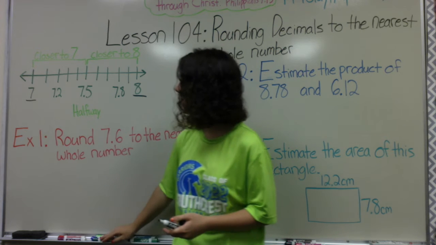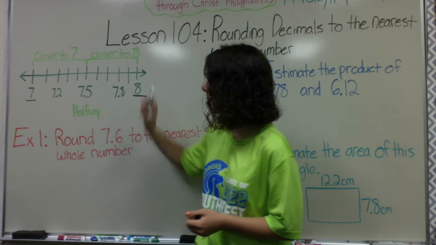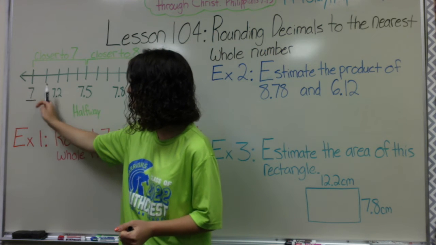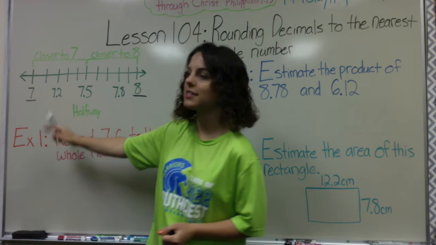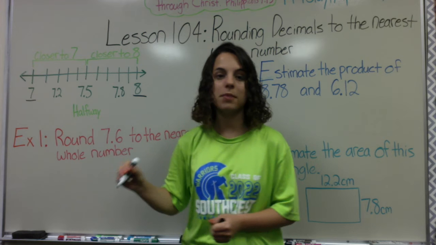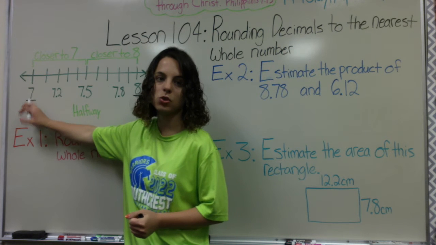That would be rounding up because those numbers are closer to 8 on the number line. If I have anything under 7 5/10, which is 7 1/10, 7 2/10, 7 3/10, 7 4/10, then I would round down because those decimal numbers are closer to 7, my next whole number.